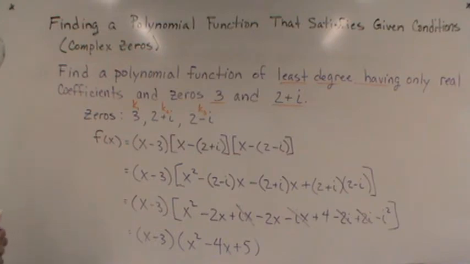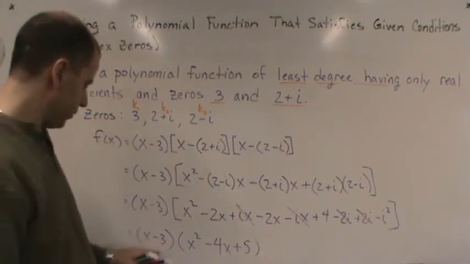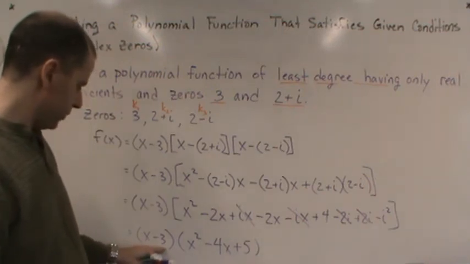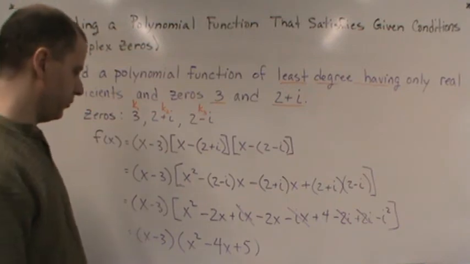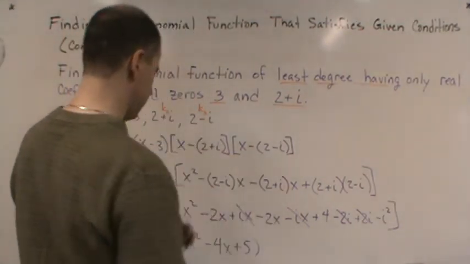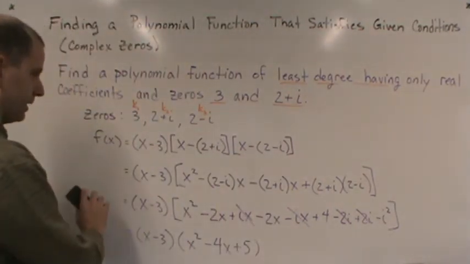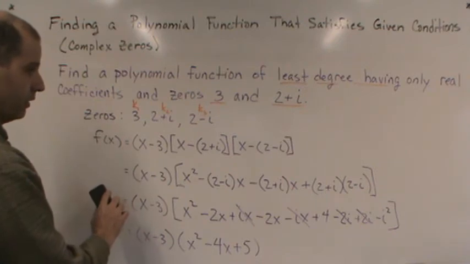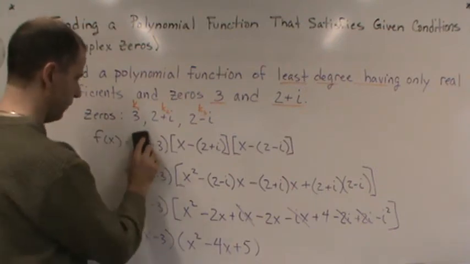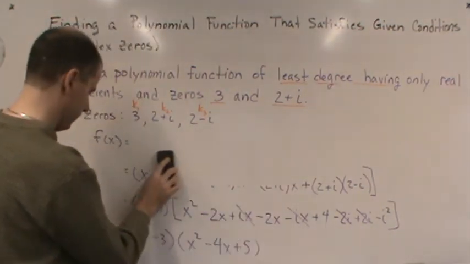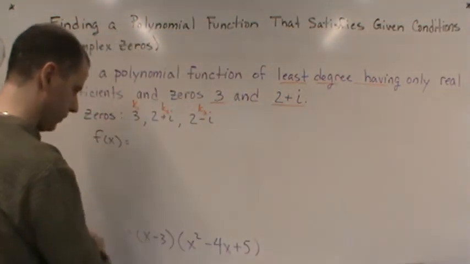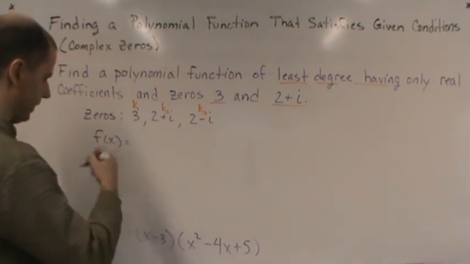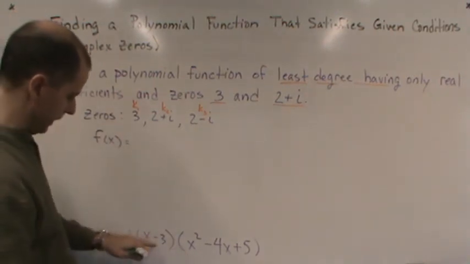Okay? So now all I have to do is distribute this across these three terms. So that's going to be a lot easier. So now I'm going to erase this. And so now I'm going to distribute the x.